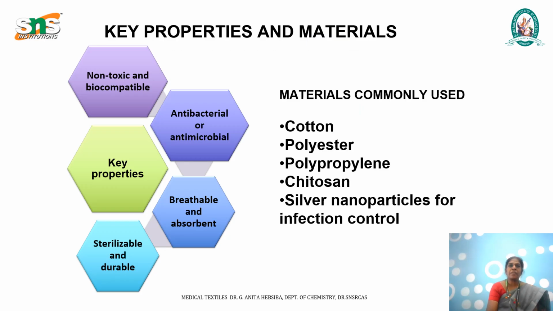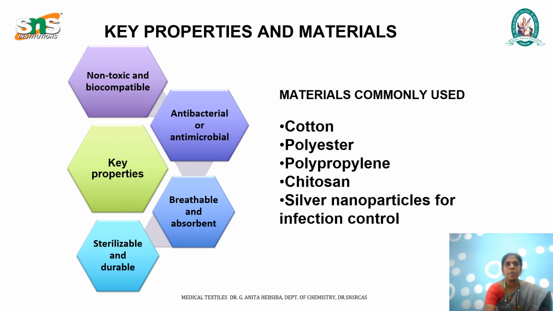What is more specific about the properties and materials? The key properties needed for medical textiles are non-toxic and biocompatible. They should not give any kind of allergy to the user or the patient who is using it.